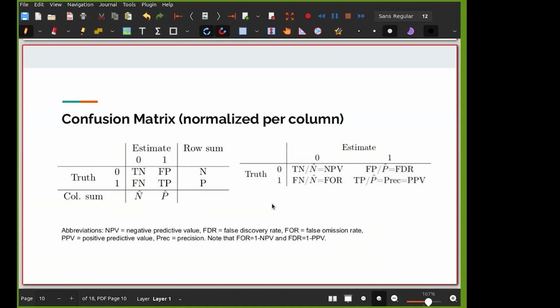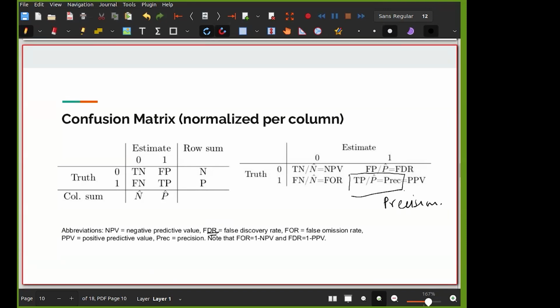Okay. Now, if you normalize the same thing by column, then you get these things, which is Tn by n hat, Fn by n hat, Fp by p hat, and Tp by p hat. And Tp by p hat is the most common one in this table. It's the meaning of precision. And then there are other things like FDR, which is false discovery rate, and FOR, which is false omission rate.